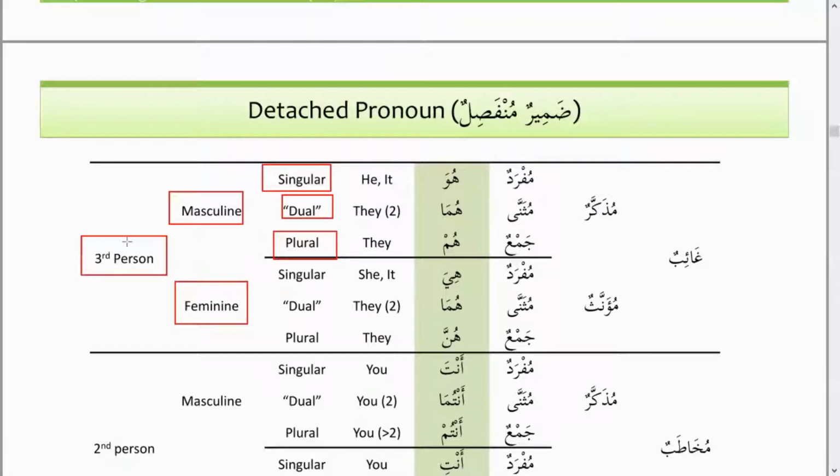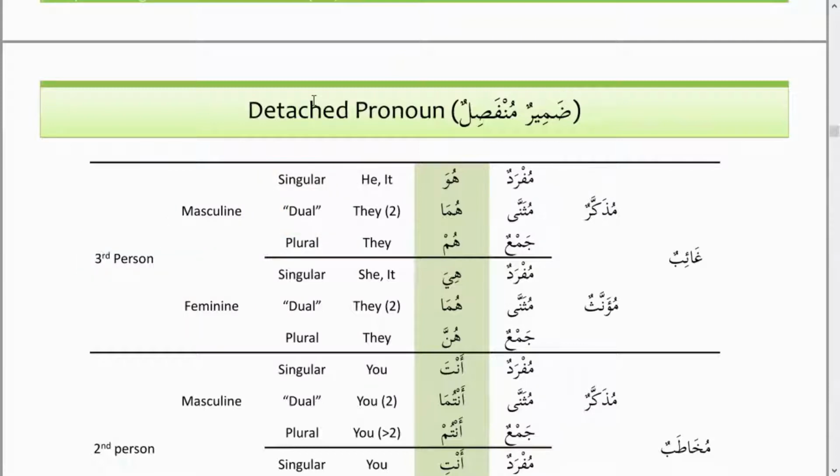You have to cross three barriers to identify which pronoun fits whom. Third person means that person is not in front of us. That's why in Arabic it's called ghaib. We are speaking in his absence: he went, he came, Muhammad went. You're not communicating it to him. This is called third person.